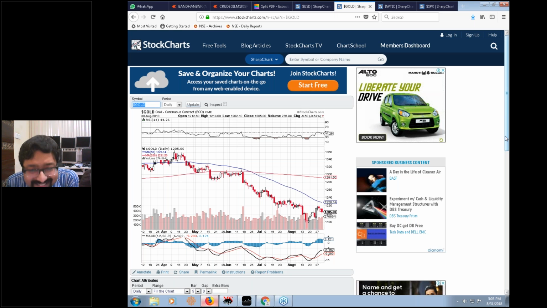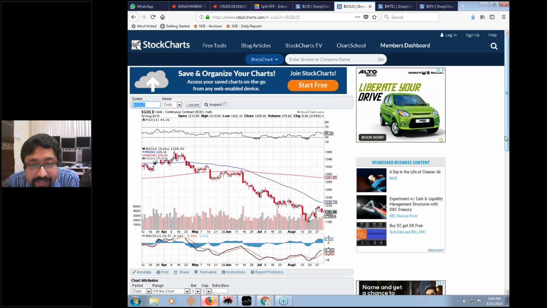1220 was just touched this week. This was a pullback, and these pullbacks are happening below the 200-day and 50-day moving averages. So these are in fact opportunities to open new short positions.